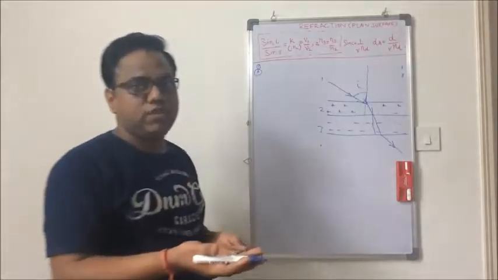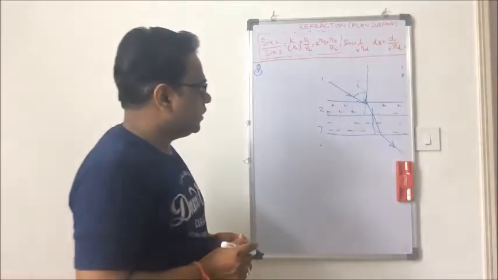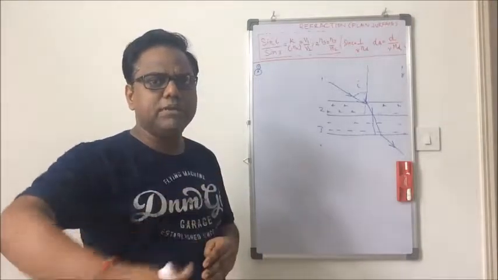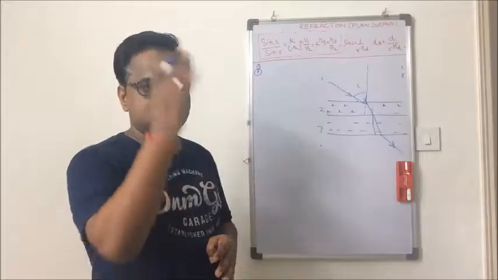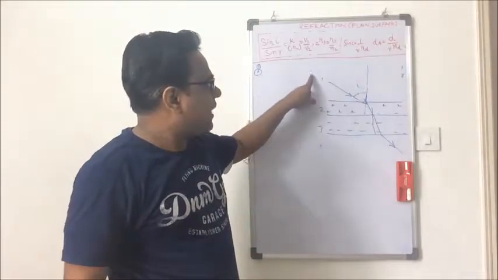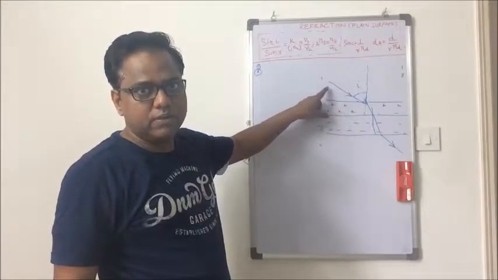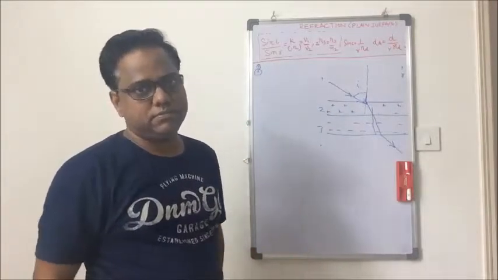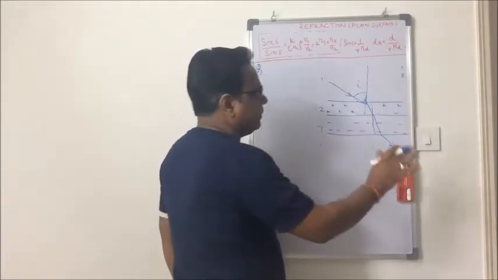That's what we have to prove. So you can remember this: if you take light through multiple mediums, finally light will be straight, parallel to the original path, but with some displacement. Very simple.